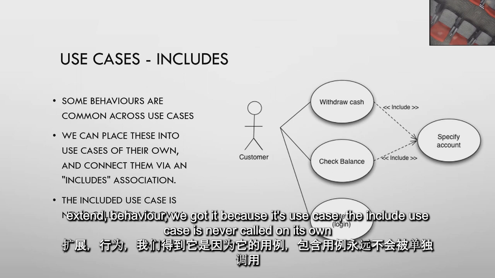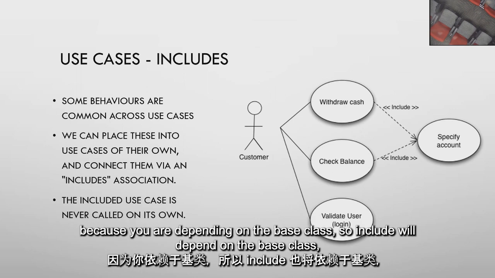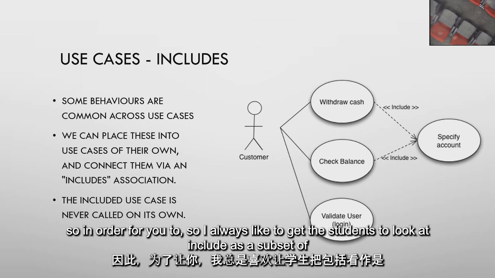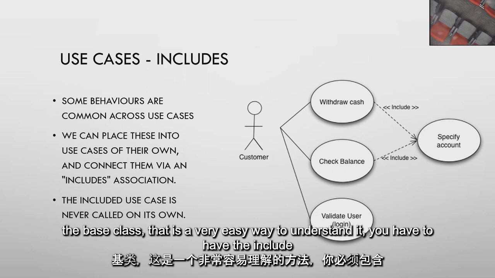The include use case is never called on its own because you are depending on the base class. So include will depend on the base class. I always like to get the students to look at include as a subset of the base class. That is a very easy way to understand it.